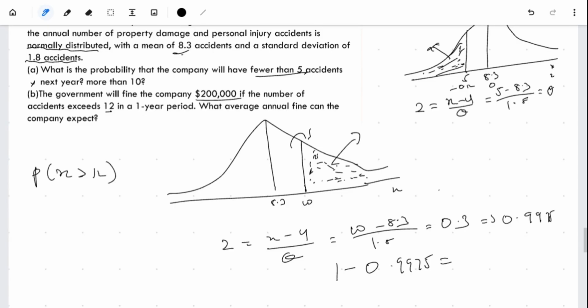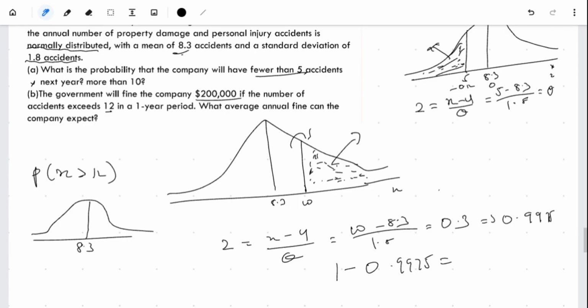The same approach, you draw your graph. You show the mean, which is 8.3, using the same mean and the standard deviation. 8.3.